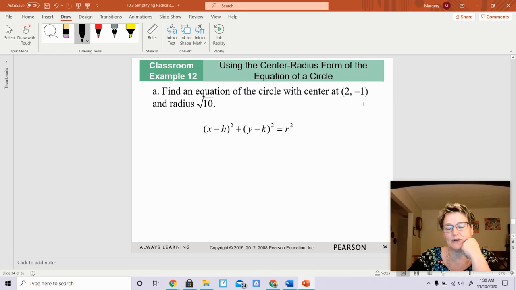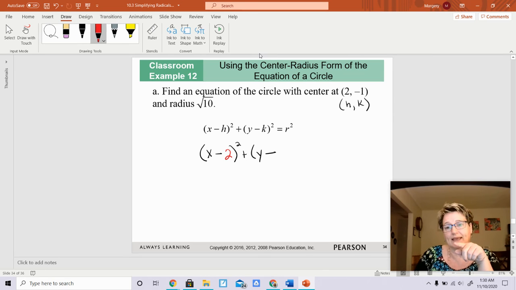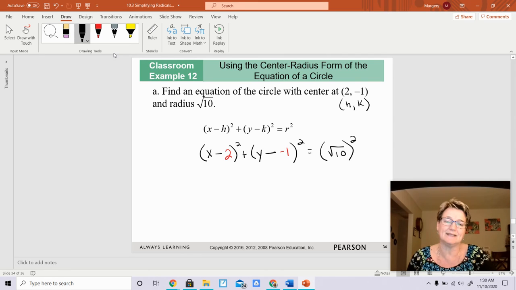Find the equation of a circle with the center here and the radius is square root of 10. Remember, this is h, this is k. So it's going to be x minus, because that's part of your formula, h is 2, so that's squared, plus y minus, because that's part of your formula, k is negative 1, squared equals square root of 10 squared, because your radius is square root of 10.